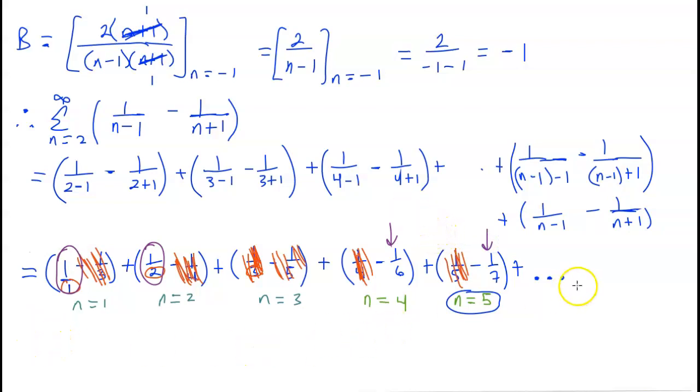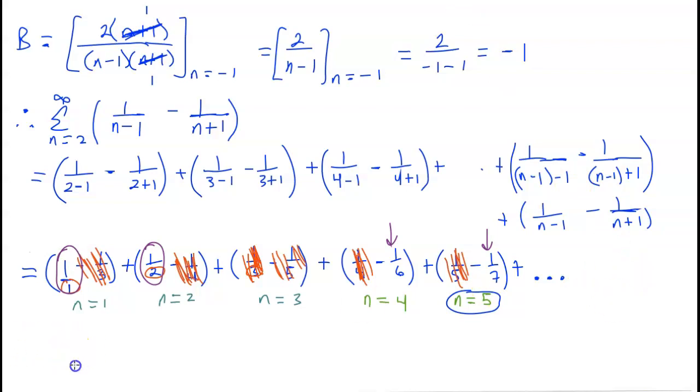Now, if I write this out for what the nth term of the sequence would look like at any given value of n here, we'll just make an assumption.